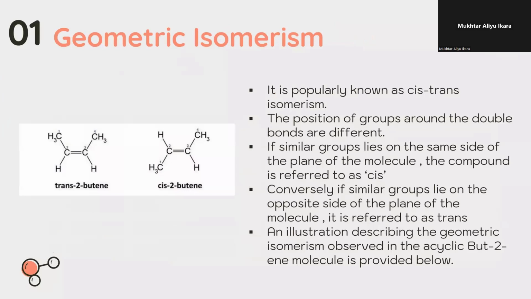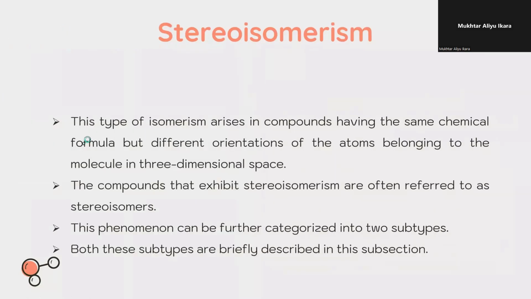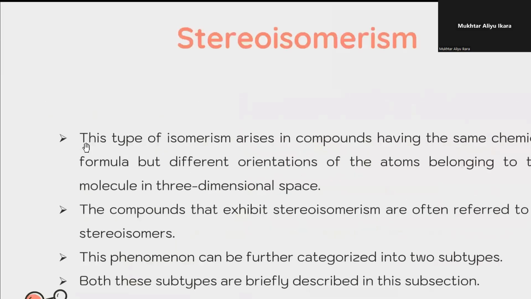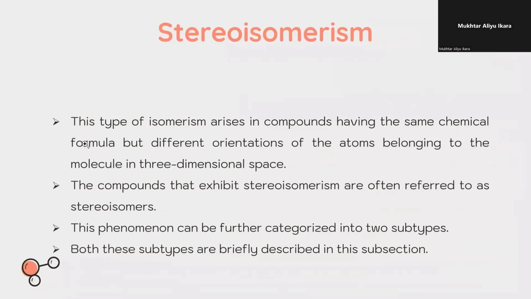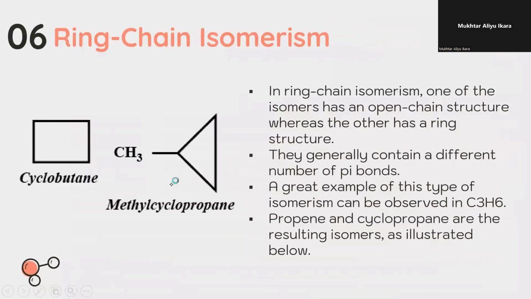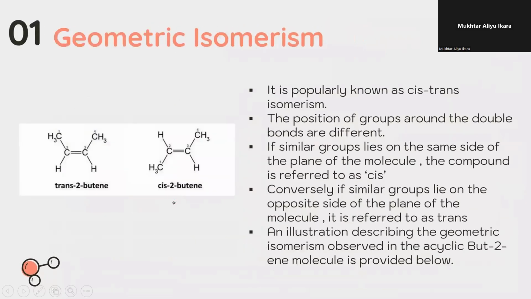So it means that in this isomerism, the double bond must be present. Here we have a carbon-to-carbon double bond, and there must be a position of groups around the double bond.